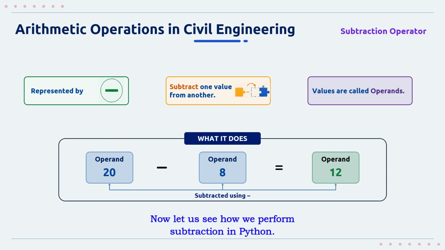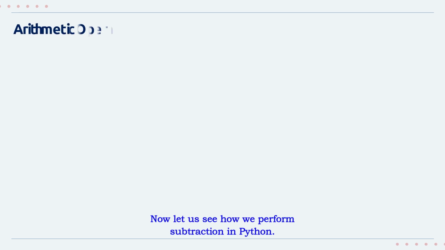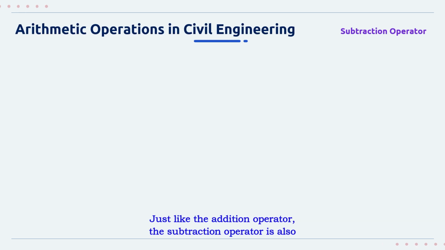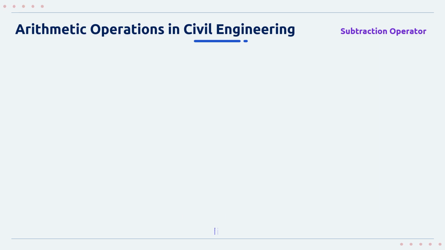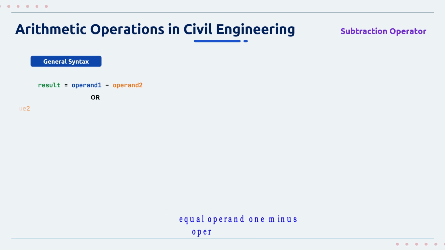Now let us see how we perform subtraction in Python. Just like the addition operator, the subtraction operator also follows a fixed syntax. Let us understand its general syntax, that is, result = operand 1 - operand 2.